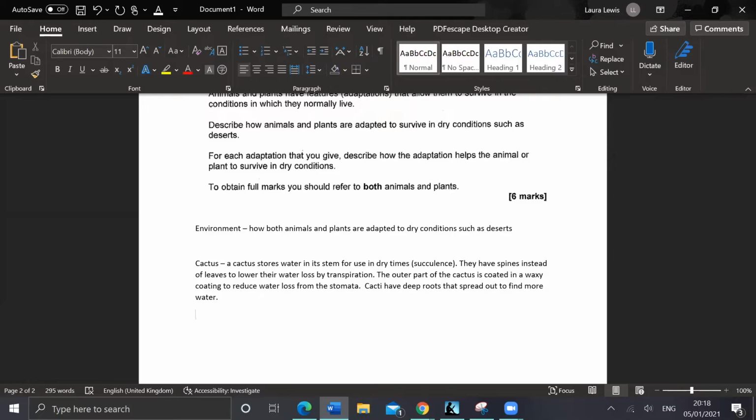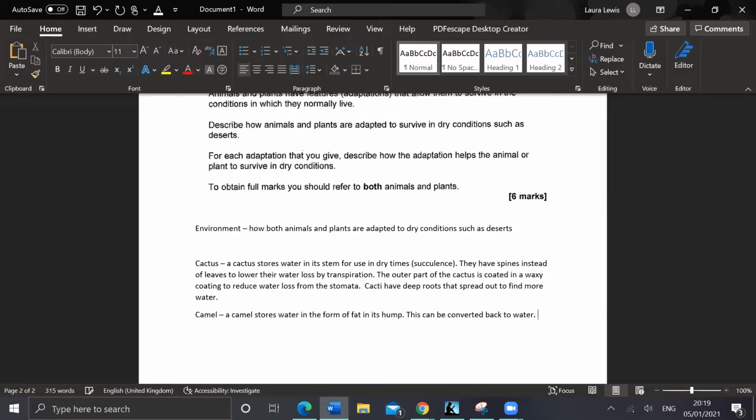So let's think about a camel. That's what you think of as well, don't you? So a camel stores fat, so water in the form of fat in its hump. Okay. So this can be converted to water.